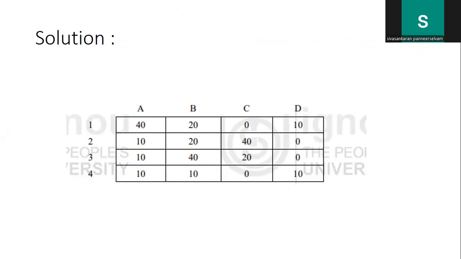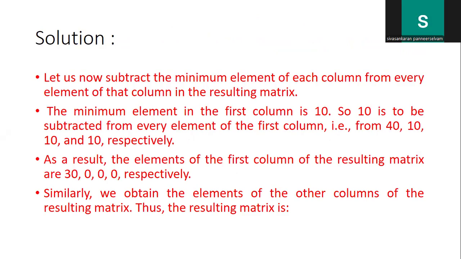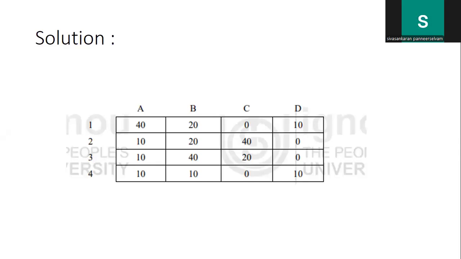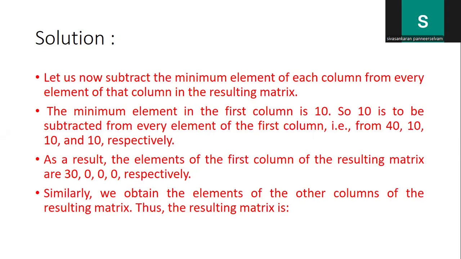Likewise, we have to do the same operation for each column, A, B, C, D. So let us subtract the minimum element of each column. Say you take the first column A, 10 is the minimum value.